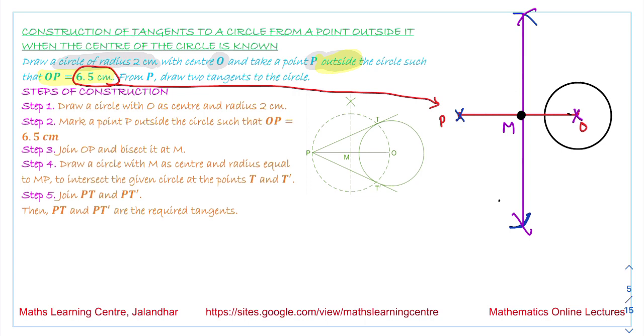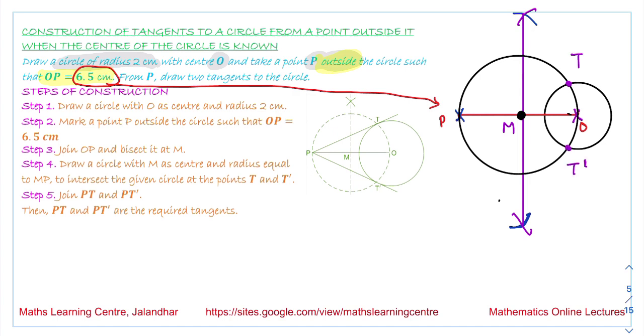This is the required circle, and we name the 2 points where this circle intersects the first circle: this point is T, and this point over here is T dash.